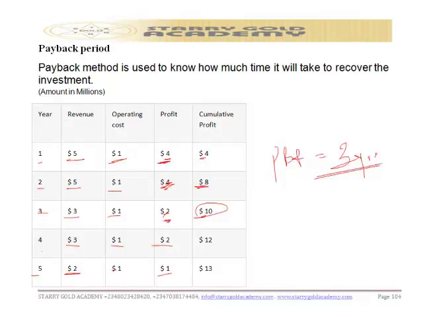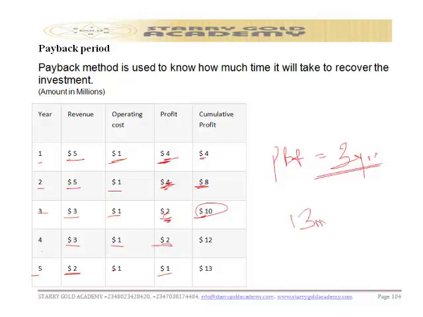So for that 5 years, the profit is not 18. We have 4, making 8 million, 10 million, profit is 30 million.